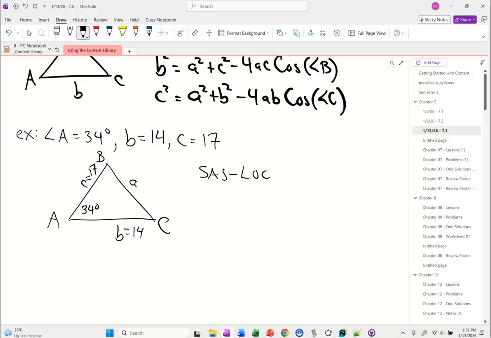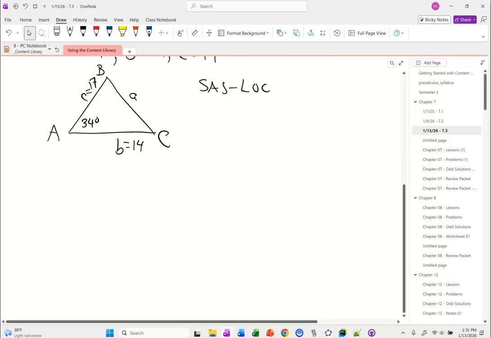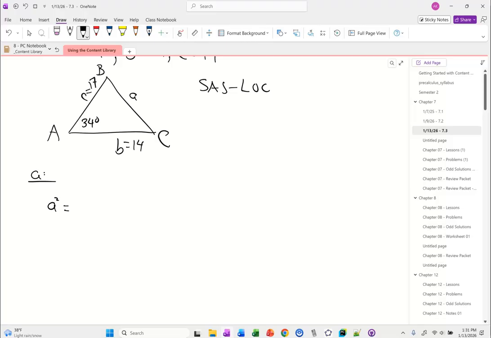So if I apply the law of cosines, I'm going to say that A squared is equal to B squared plus C squared minus 2BC times cosine angle A. Just going ahead and substituting the numbers in.